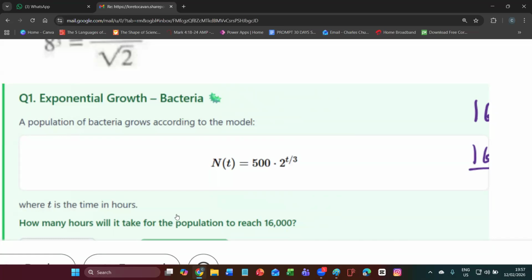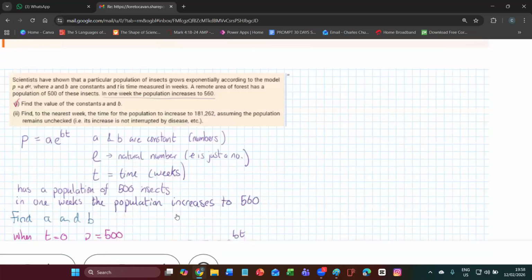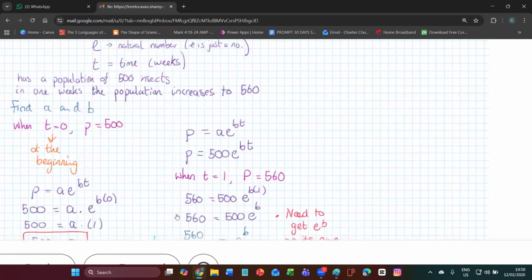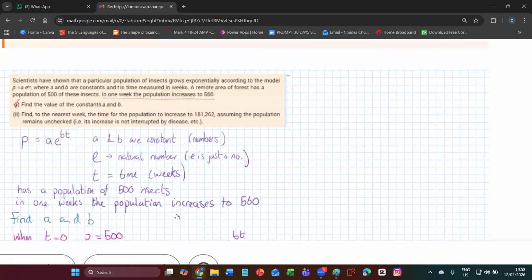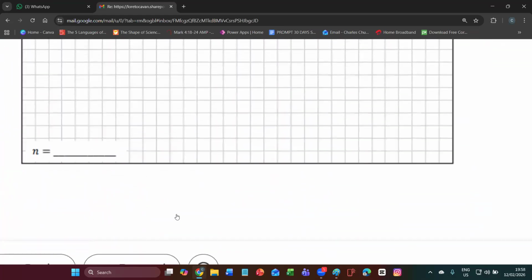Yes, sir. Is this something you think you can do? No, I can't. Okay. All right. The principle is very similar to this one, but okay, let's just do it.